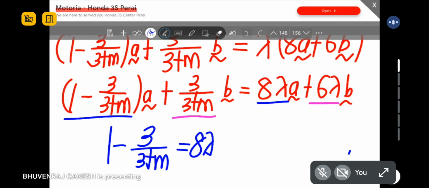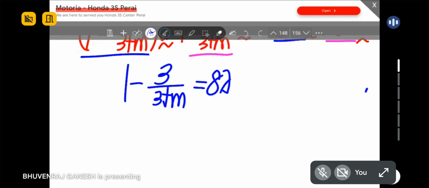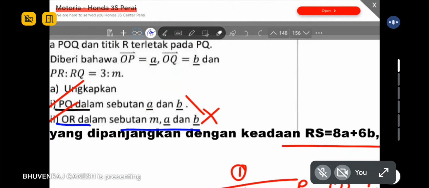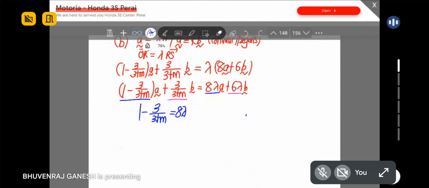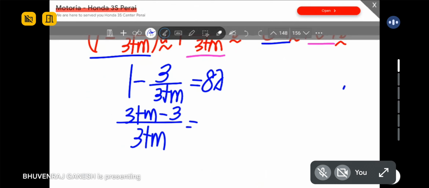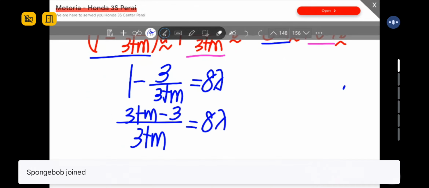You can simplify the equation. Cuba permudahkan. So how do you guys simplify? You can use the concept of fractions lah. Permudahkan pecahan. So you can make the denominator the same, 3 plus m. So it's 3 plus m minus 3 equal to 8 lambda, like this.